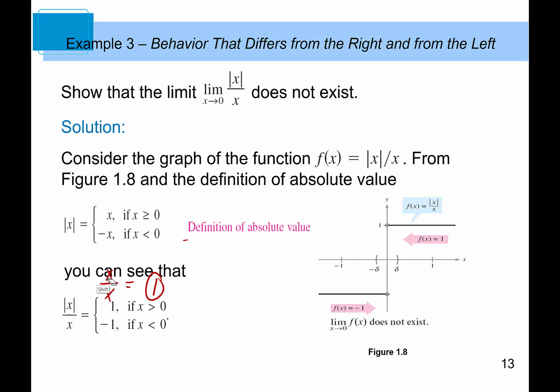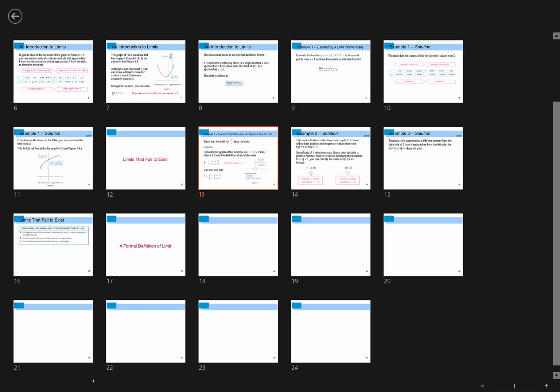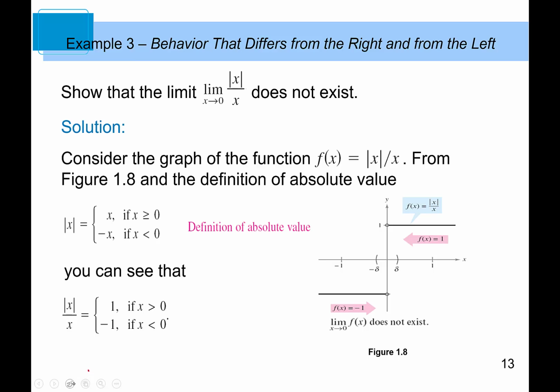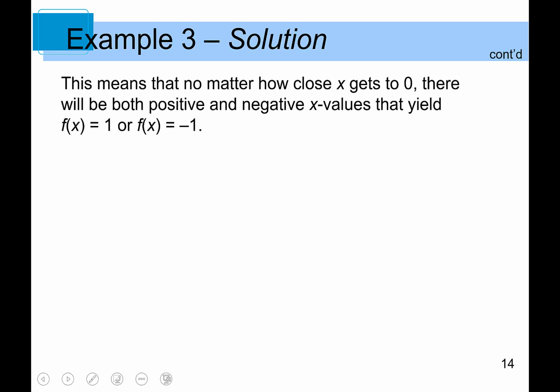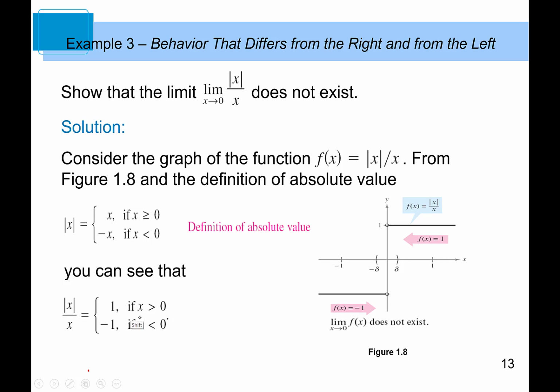This is a summary of what we just did. When x is greater than 0, we have 1 on the right-hand side.